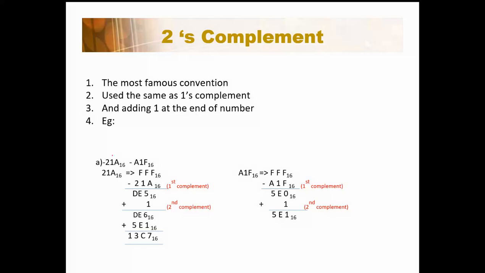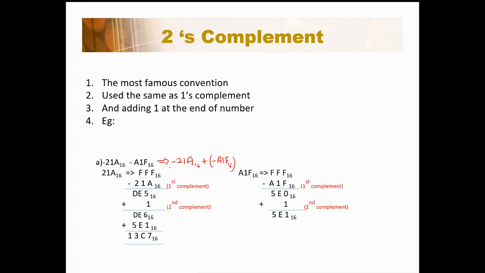Here is another example. This time we do it in hexadecimal. So we have negative 21A base 16 minus A1F base 16. This is basically the same as negative 21A base 16 plus the negative of A1F base 16. Same, right?